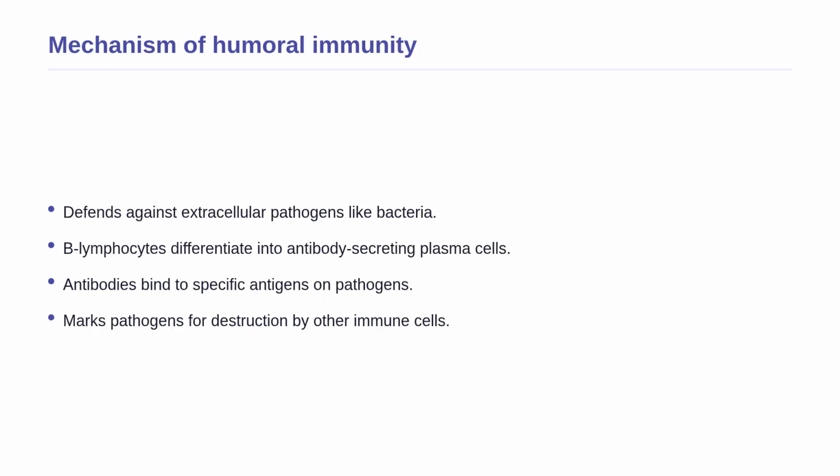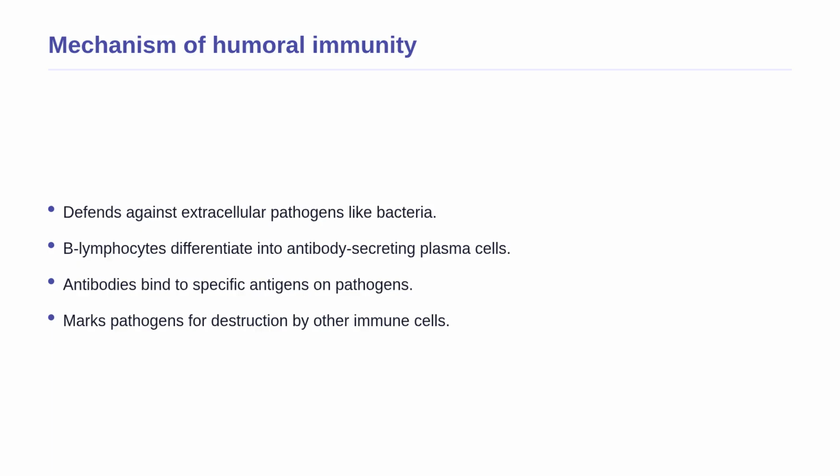Now that we understand the ranged defense analogy, let us look at the biological mechanism. Humoral immunity is absolutely critical for defending against extracellular pathogens, which are microbes that multiply outside your cells. When activated, B lymphocytes differentiate into plasma cells that produce and secrete specific antibodies.